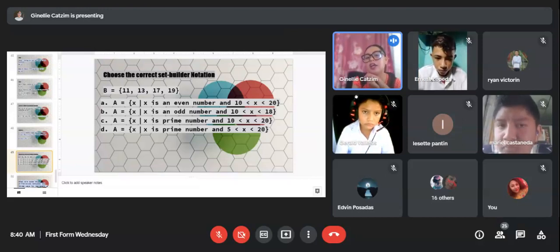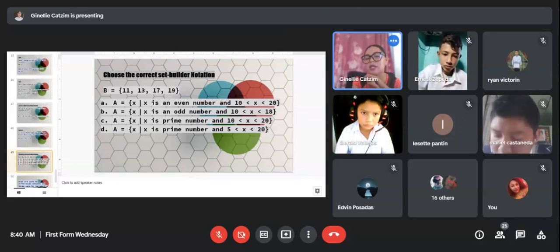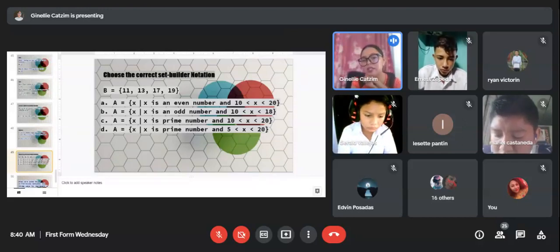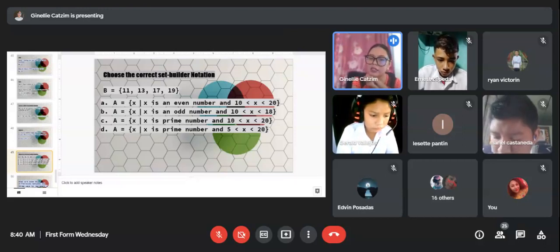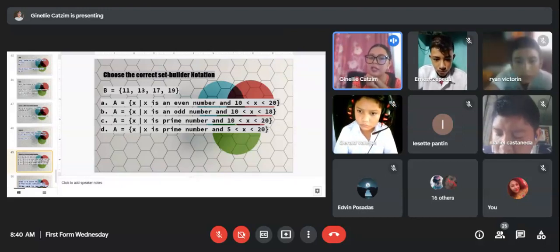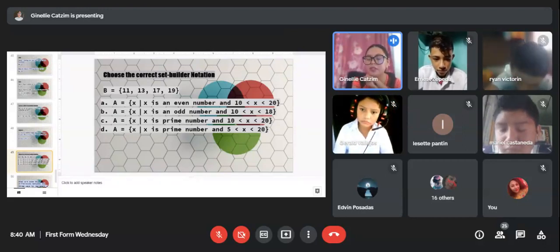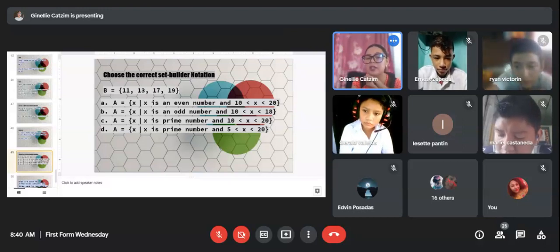So it means that x is less than 10 and x is less than 20. In B, it is telling you 10 is less than x.